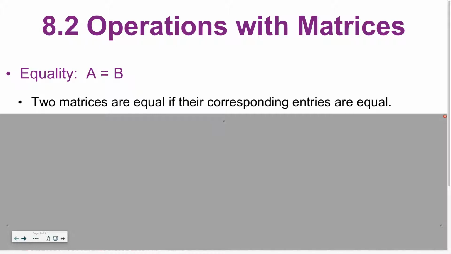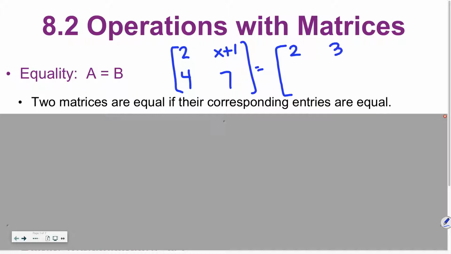I think you have a blank that you can fill out. Okay, and I give you two matrices that are equal.